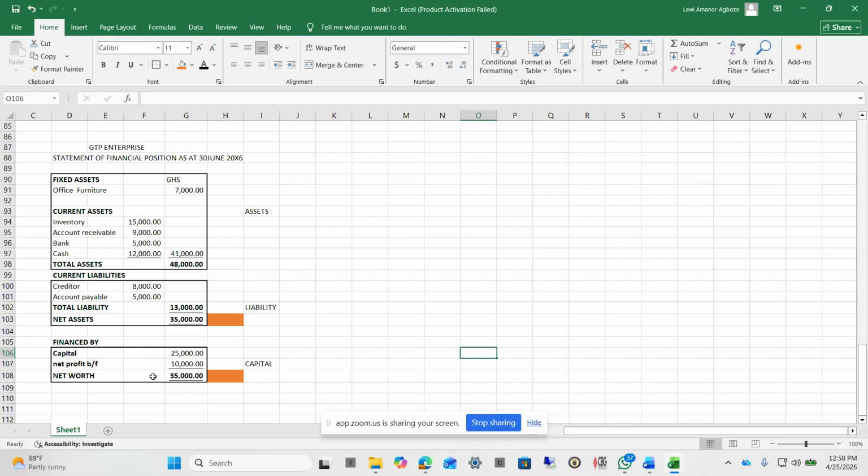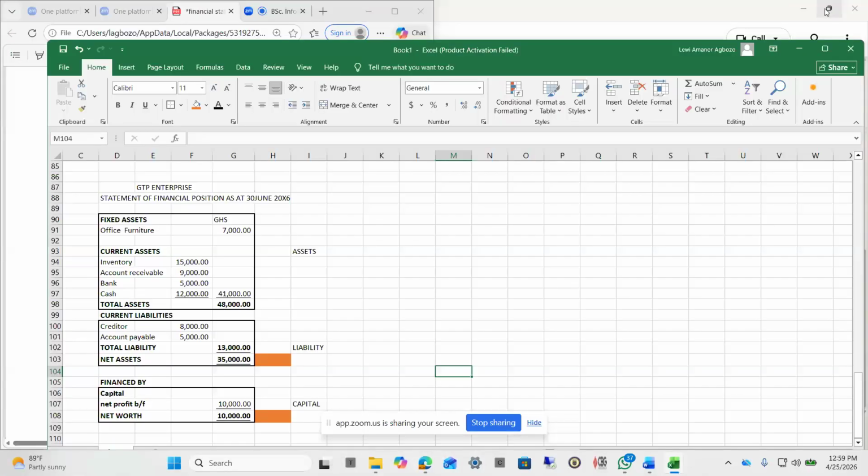So even if we were not given the capital, assuming we were not given capital, this 25,000, can't we find it? Yes, we can. As you see, it is based on a principle: that your assets should be equal to your liability and your capital.